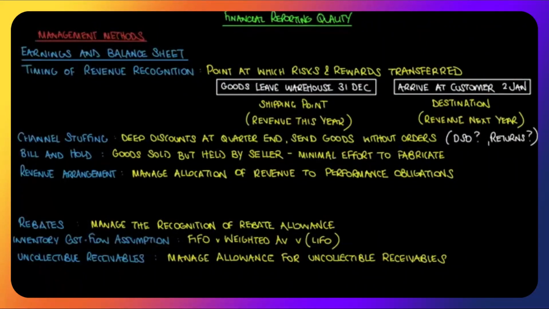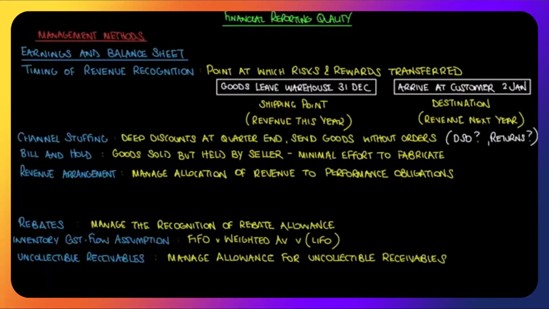Number one, the timing of revenue recognition when it comes in to your accounts. Remember from the income statement module, we said revenue is recognized at the point at which risks and rewards are transferred to the customer. When is that point? Well, it depends. You can define it yourself when you sign the contract with the customer.